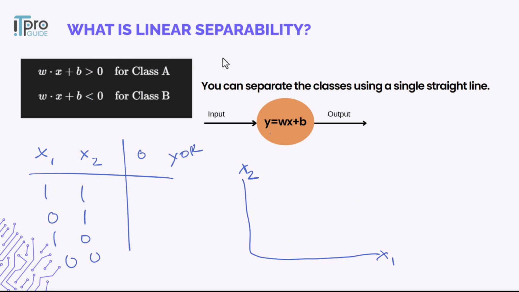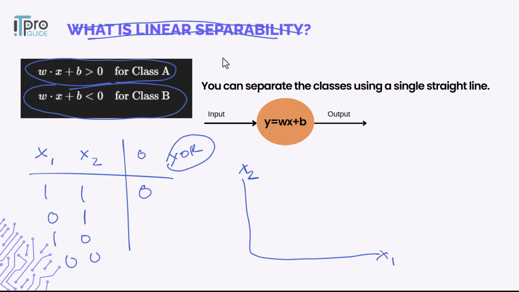Now let's try to understand what is not linearly separable. It means you're not able to separate class A and class B with a straight line. Let's take the case of XOR: 1 1 is 0, the same input gives 0, different inputs give output 1, and the same input again gives 0.